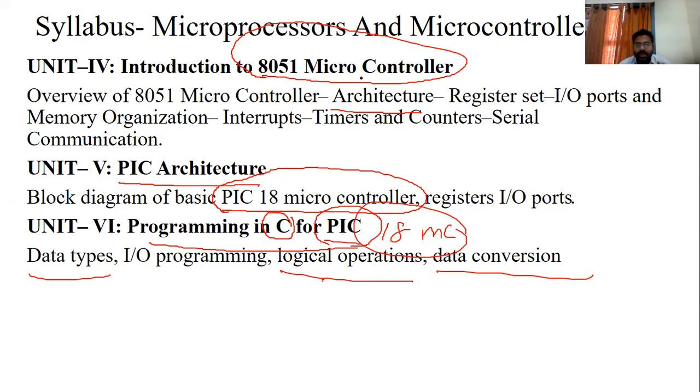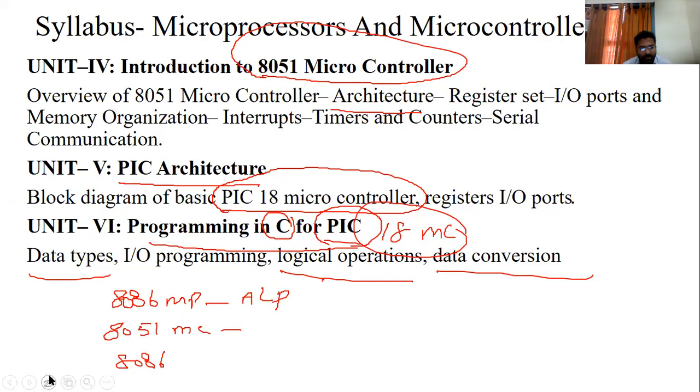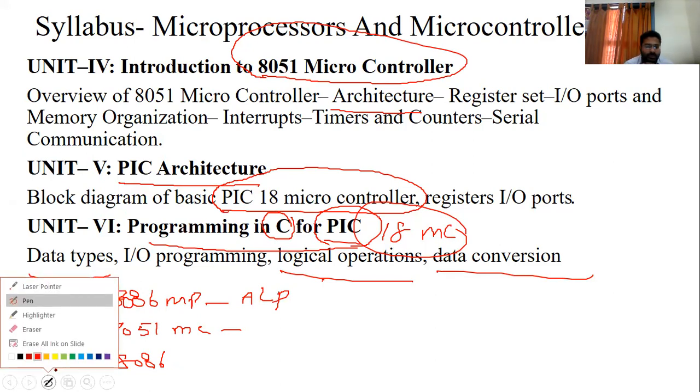At the same time, you also need to write 8086 microprocessor programming, which you can also call ALP, assembly language programming, and likewise 8051 microcontroller programming. You can also see the PIC 18 controller.